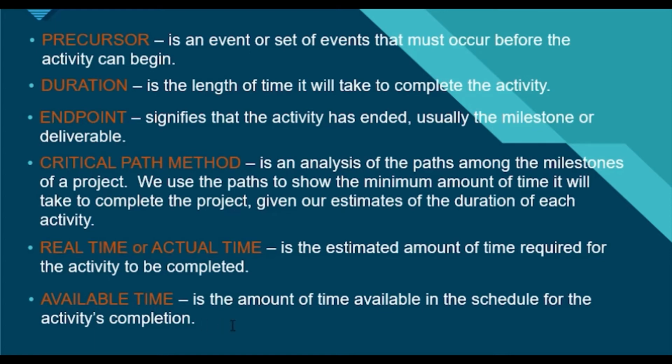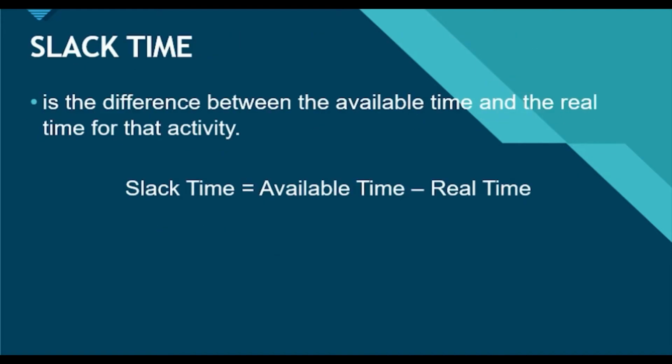Available time is the amount of time available in the schedule for the activity's completion. Slack time is the difference between the available time and the real time for the activity. Slack time equals available time minus real time.